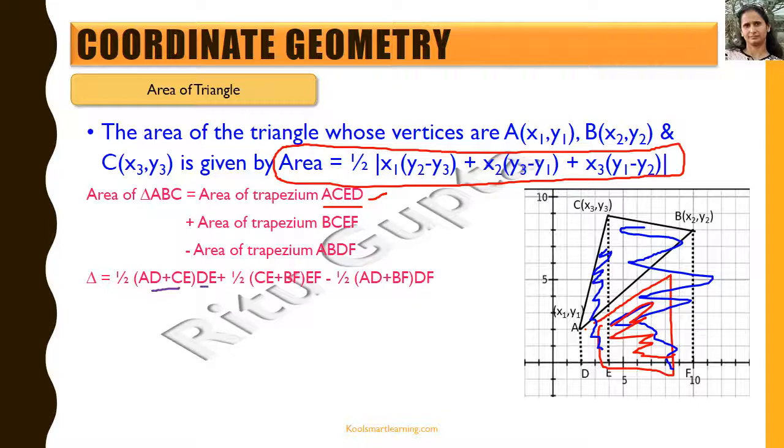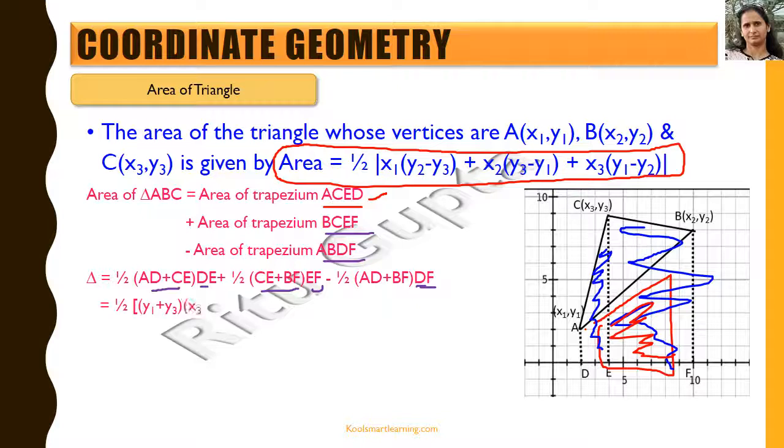The area of the trapezium BCEF is half into the parallel sides CE plus BF into EF, which is the distance between the parallel lines, minus the area of the trapezium ABDF, which is half into AD plus BF into the distance between the parallel sides, which is DF.